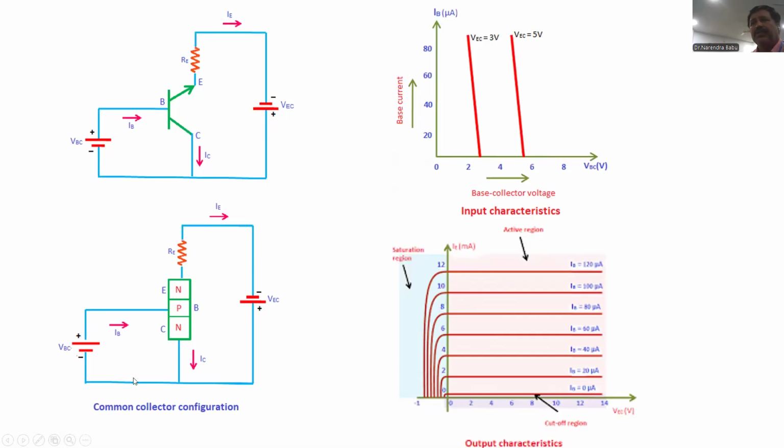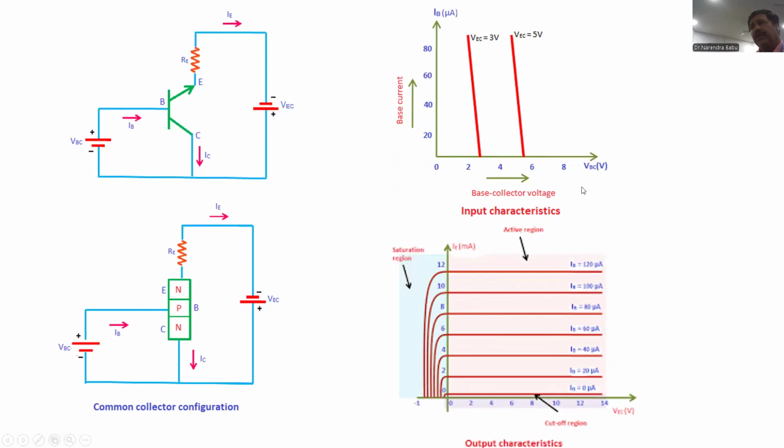So during input characteristics, between IB and VBC, the output voltage VEC is constant. And at the same time, when you're studying the output characteristics between VEC and IE, the input current IB is constant.